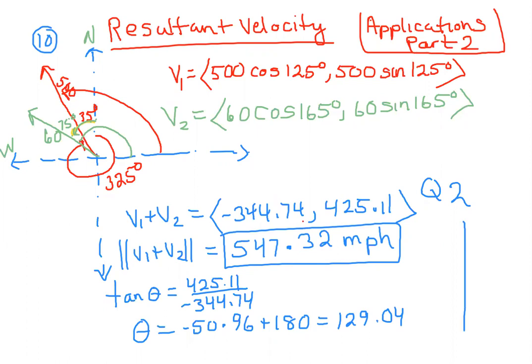So let's see what it's really asking us for. This 129 goes from here to here. It's in quadrant 2, someplace over here. So this angle right here is 129.04, that's what we just found. But we want to find the true bearing, which goes from here to there. So how are we going to find that?